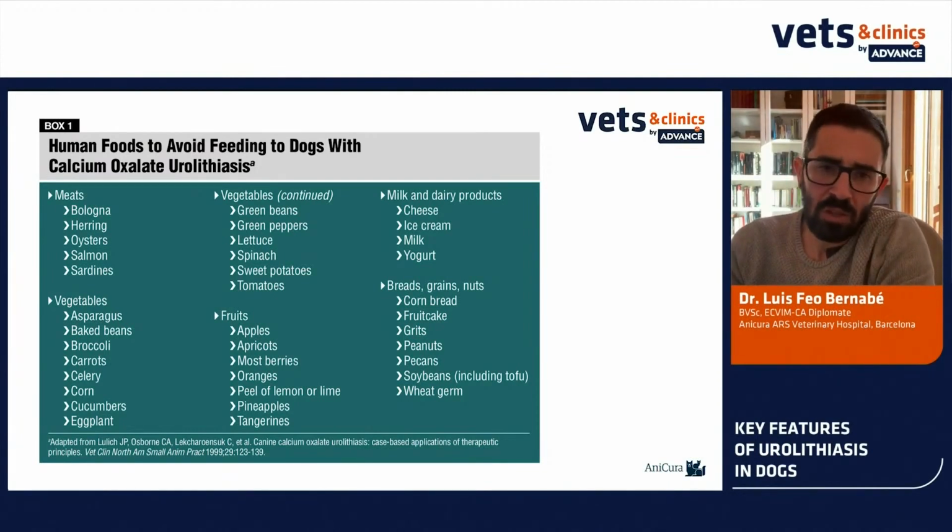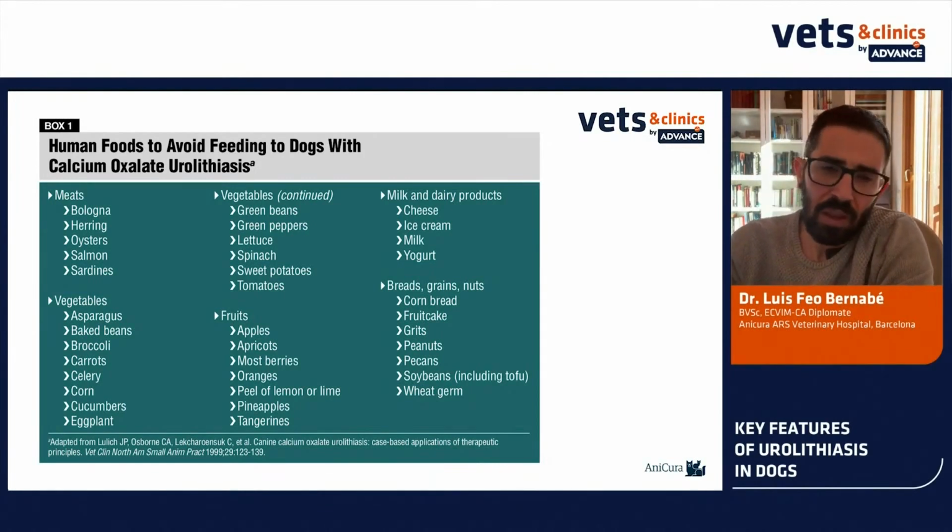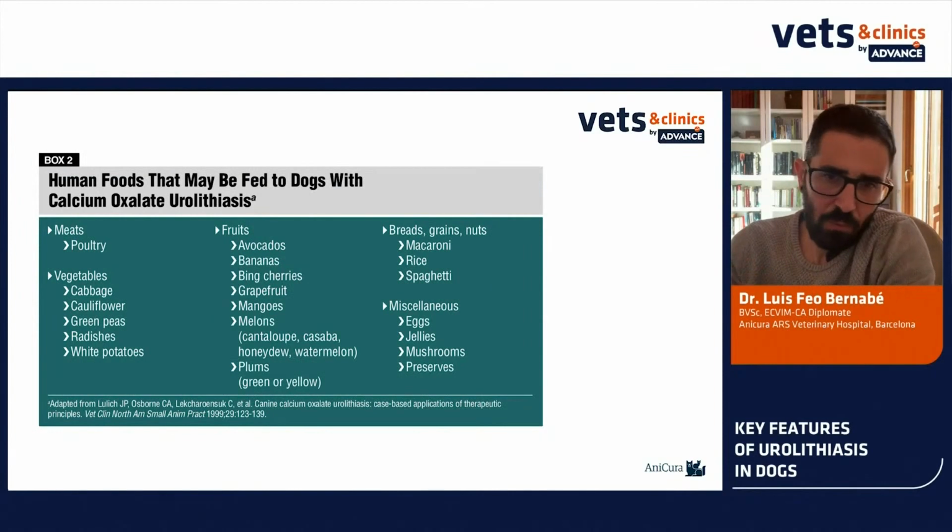I print these two tables and give them to the owner, to be sure which types of meat and vegetables they can give without increasing calcium oxalate prevalence. We have the food they can give and the food they should avoid, and I think this is sometimes useful for them.